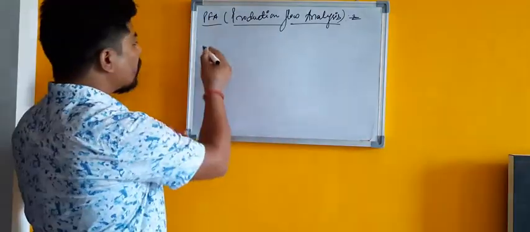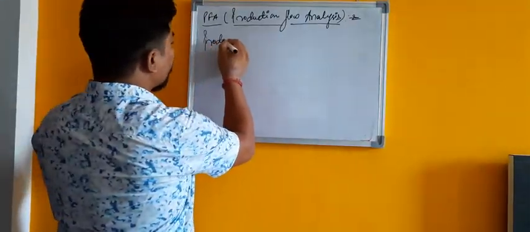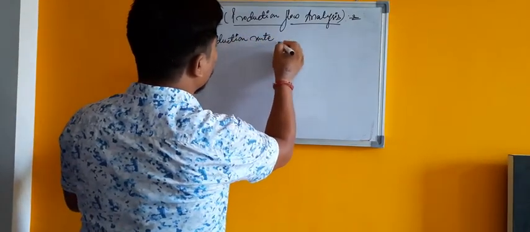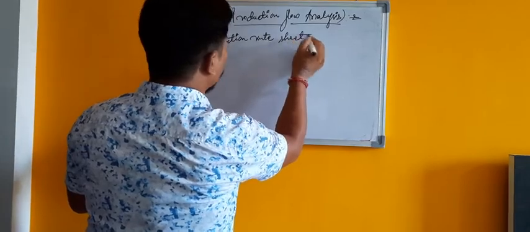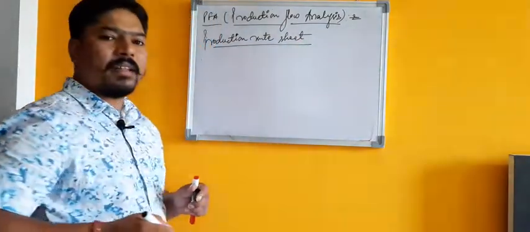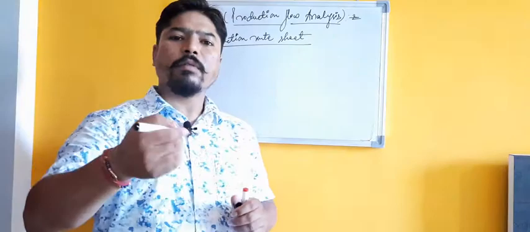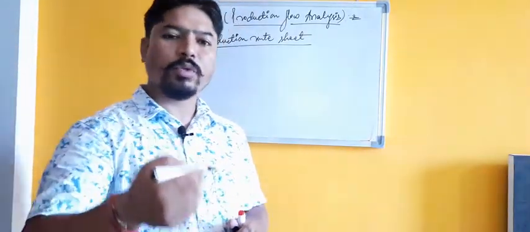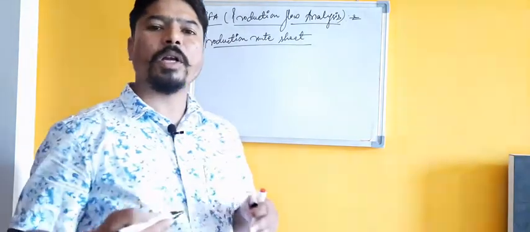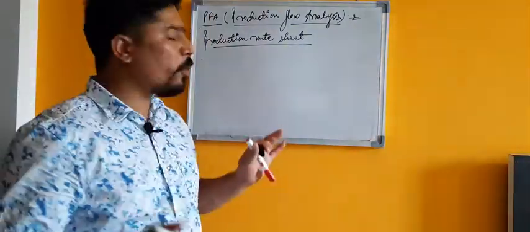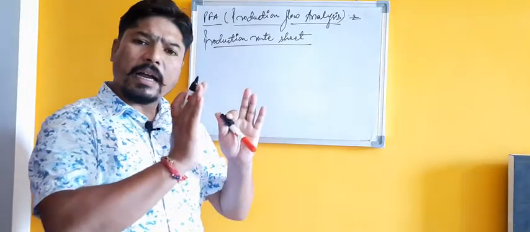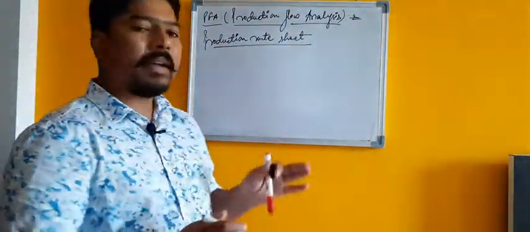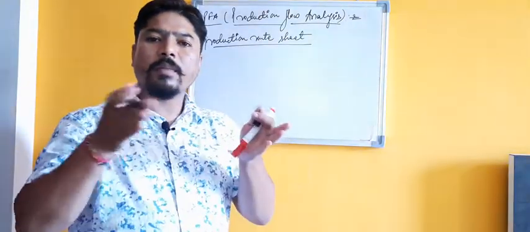A production route sheet means the sequence of manufacturing operations or processes used to manufacture that particular component or part. These are identified, pre-planned, and attached with the shop floor in any production system.